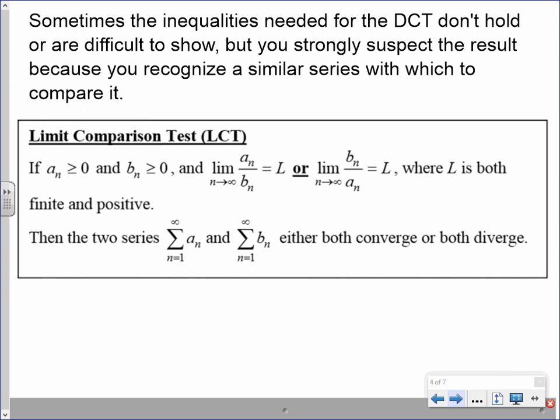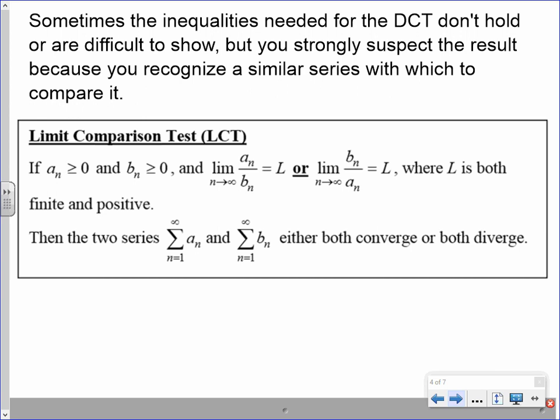if you can compare it, you take your series and compare it to a series you know something about. 1 over n squared is a convergent series. When you take the limit of the ratio and you get a positive finite limit, then the series in question will also converge.